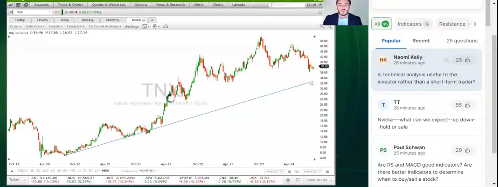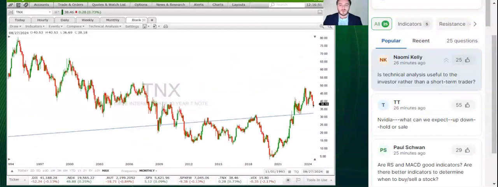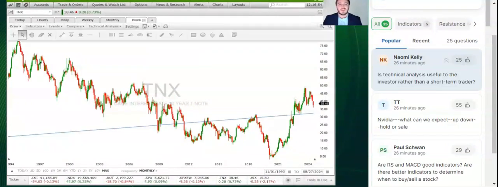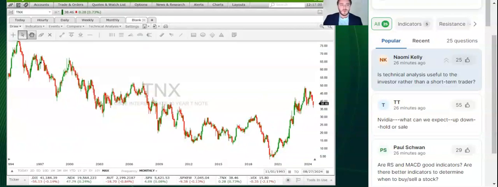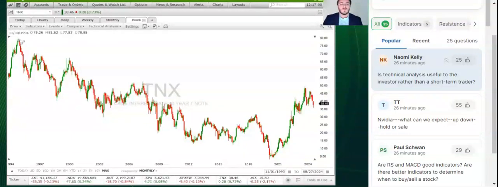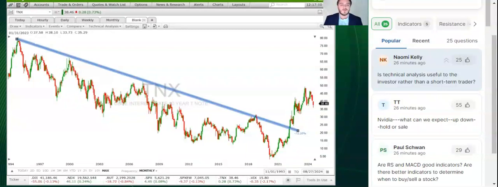In fact, too, if we go back out to a very long-term chart, well, we can see how different some of these levels have been along the way, and how that move coming out of 2020 was a very long-term breakout of this deflationary cycle that we have seen going all the way back, in this case, to the 90s. And of course, if we had a longer-term chart for this TNX figure in particular, it would be even more pronounced.